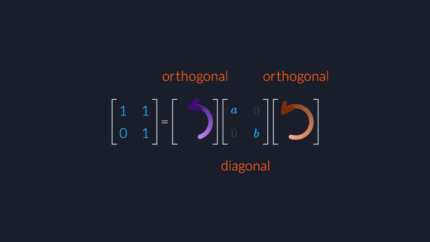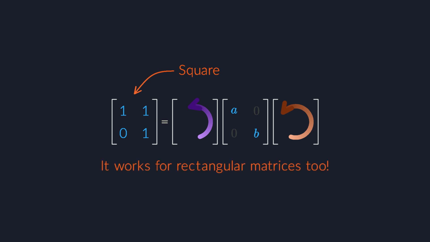In a moment we will look at a concrete example from data science, and you will notice that the matrix in that example is rectangular. In fact, it will be extremely flat with only 2 columns, but potentially thousands of rows. The same decomposition works for such oddly shaped matrices too.